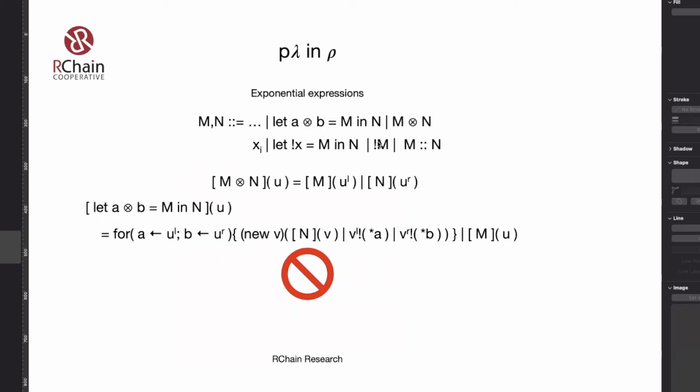Now, if we were to naively attempt to use the translation that we had before, we run into a problem. The basic problem is that N is only waiting for V and doesn't know about the fact that we need to bifurcate the namespaces. So here for the tensor, I need a version of U that is separate from the version of U that's over here.